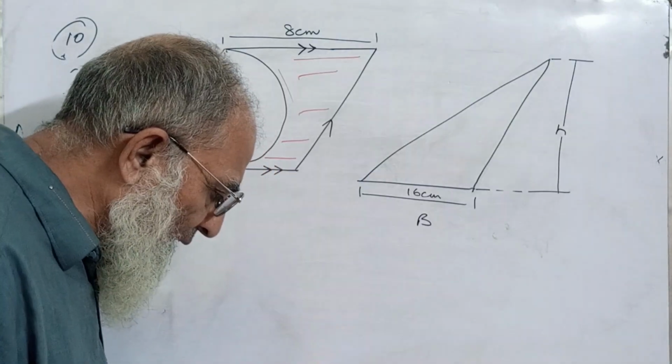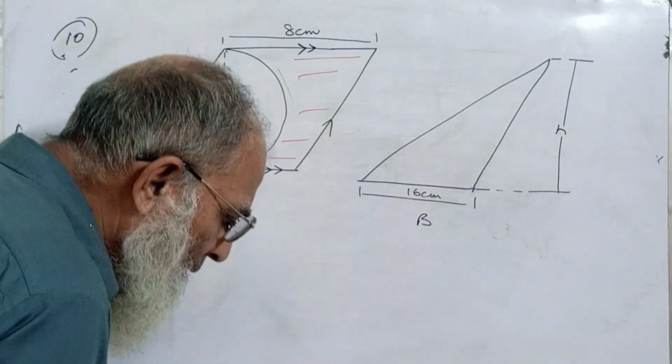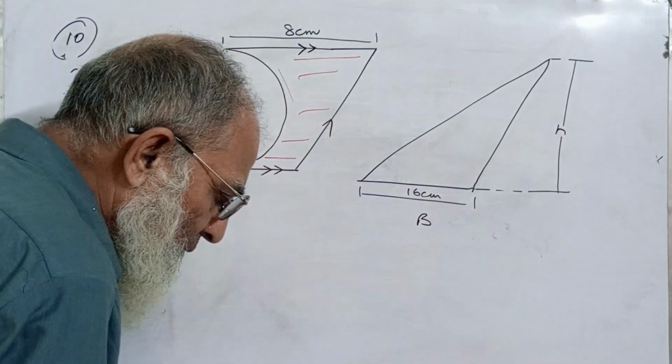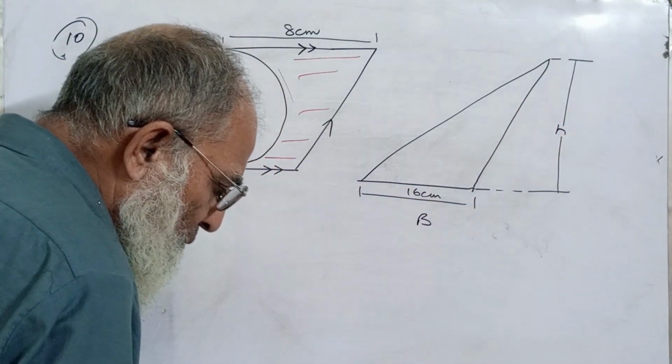Badge B is a triangle with base 16 and height h. Okay, this is given. All of the triangle is to be painted gold.